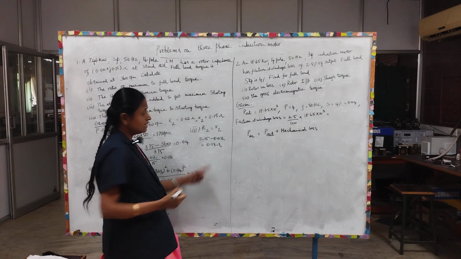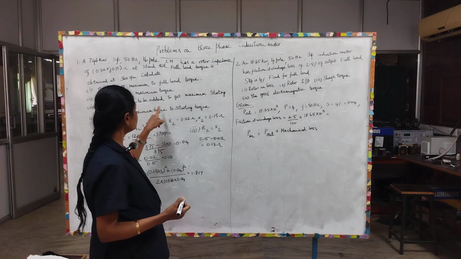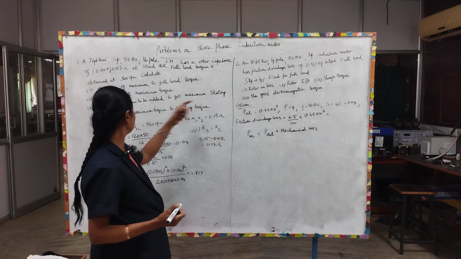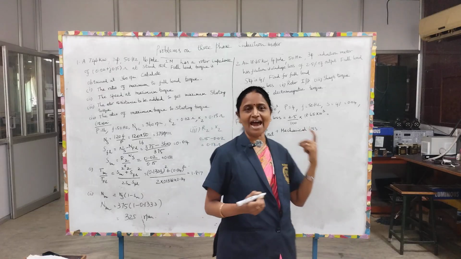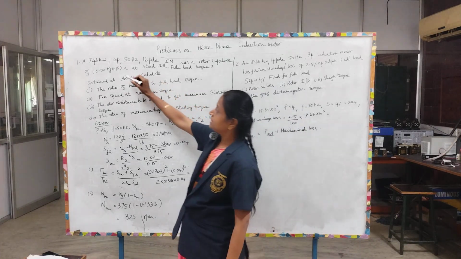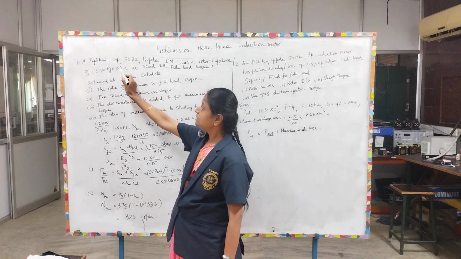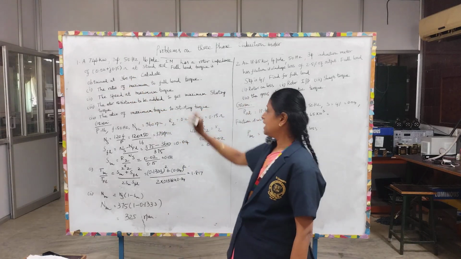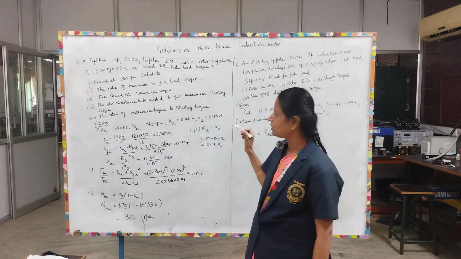So this is the rotor resistance to be added to get maximum starting torque, that is 0.13 ohms, because the reactance value is 0.15 ohm. So the difference we are calculating is the resistance to be added to get maximum starting torque.